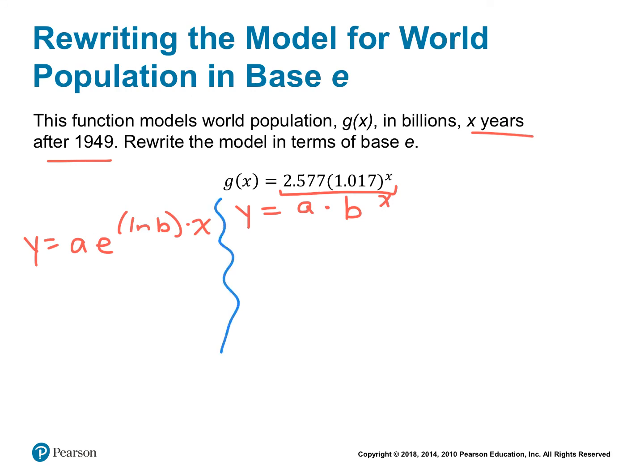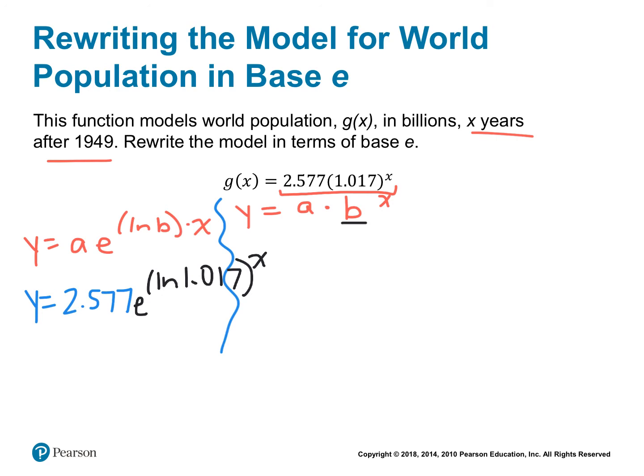So let's just go ahead and replace our numbers here. So we'd have y equals, a is still 2.577. I'll put my e here. Then I have the natural log of b. And we said b was the 1.017 to the x.